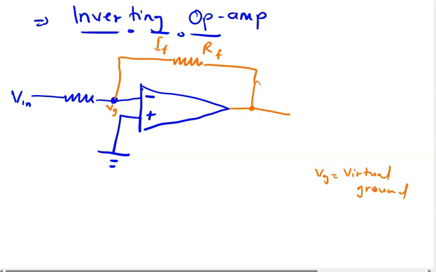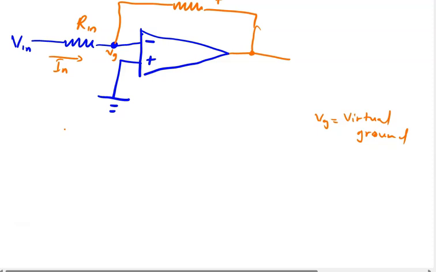So we have the RF here and the IF, that is feedback current. Okay, so that is it, and this is the input resistance, Rin. Then we have the input current also flowing here, which is Iin. But normally they will ask you to find what? The V out or the V naught. The gain is given as V out on V in, and this is equal to negative.